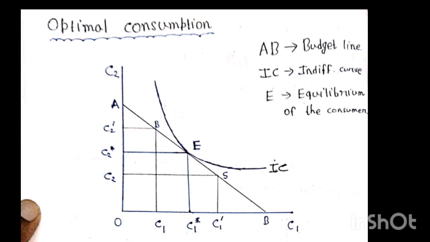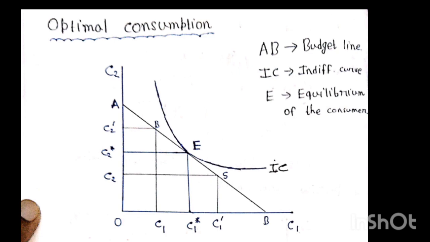Now suppose the consumer wants to achieve equilibrium. That means the consumer has to reach the point C1 star. So if the consumer wants to reach from C1 dash to C1 star, the consumer has to reduce the C1 star C1 dash amount of consumption in the present period, and has to increase the consumption by C2 star amount in the future period.